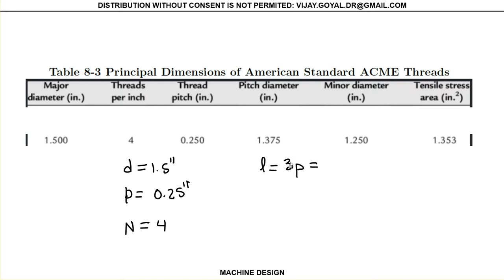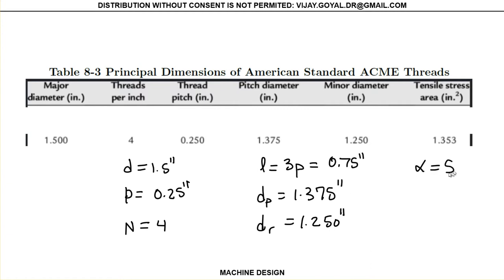Remember, if it's not triple start, then you have to change this number correspondingly. They're 0.75 inches. And your pitch diameter is given right here, 1.375 inches. Your root diameter is a minor diameter, that's this one right here, 1.250 inches.